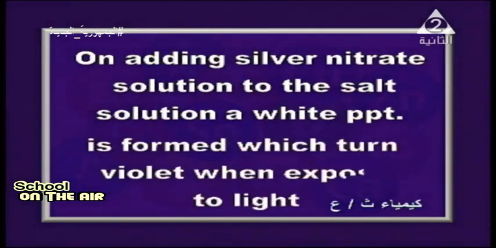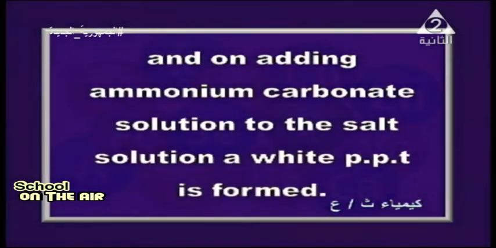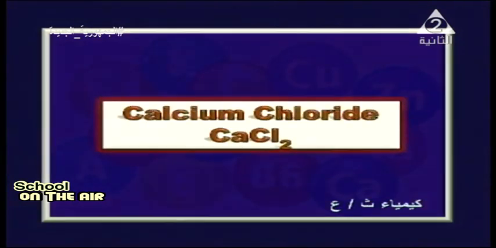On adding silver nitrate solution to the salt solution, a white precipitate is formed which turns violet when exposed to light. So this is a test for chloride ion. And on adding ammonium acetate solution to the salt solution, a white precipitate is formed. So it is a test for calcium ion. So the answer for the salt here will be calcium chloride, and the chemical formula is CaCl2.